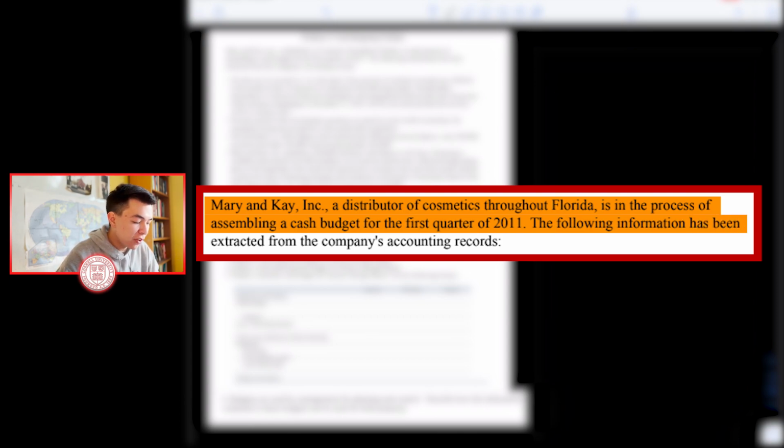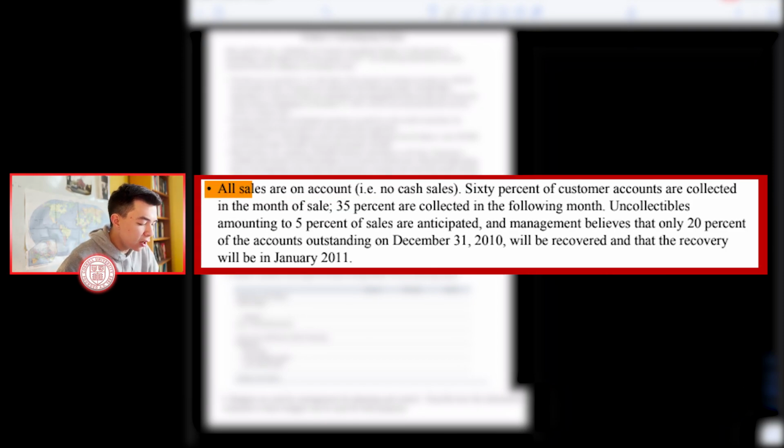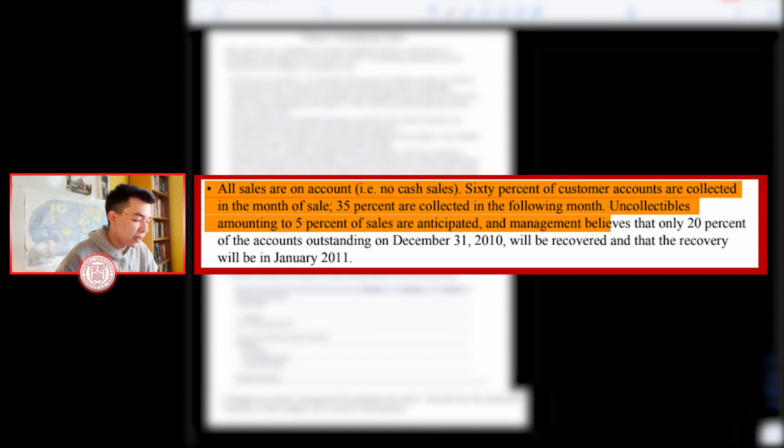The following information has been extracted from the company's accounting records, and the first bullet point says all sales are on account, i.e. no cash sales. 60% of customer accounts are collected in the month of the sale, 35% are collected in the following month, and uncollectibles amounting to 5% of sales are anticipated, and management believes that only 20% of the accounts outstanding on December 31st, 2010 will be recovered, and that the recovery will be in January 2011.